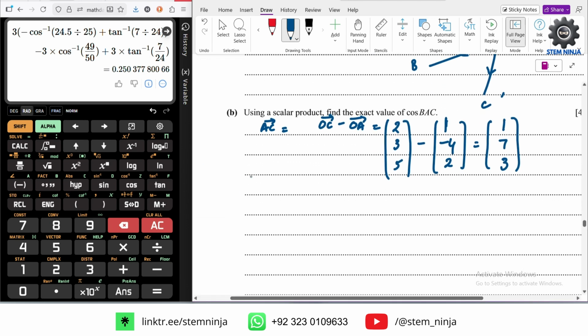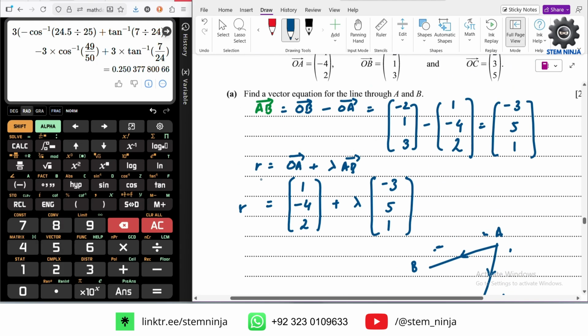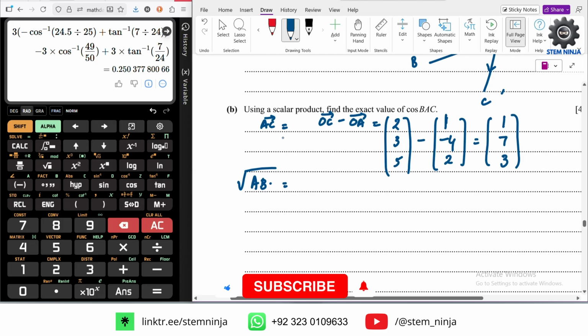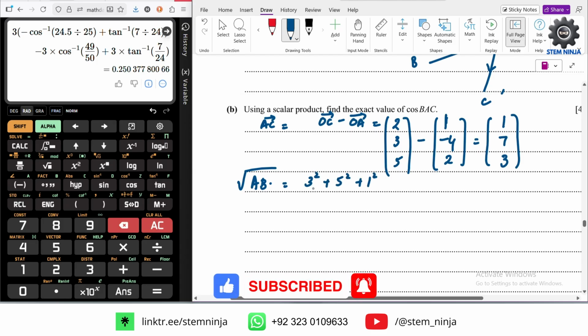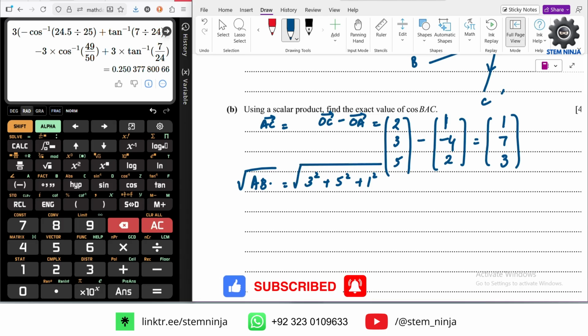Okay, so AB dot AC. Actually, first we can find the magnitudes. So the magnitude of AB would be the square root of 3 squared plus 5 squared plus 1 squared, and AC would be 1, 7, 3 squared.